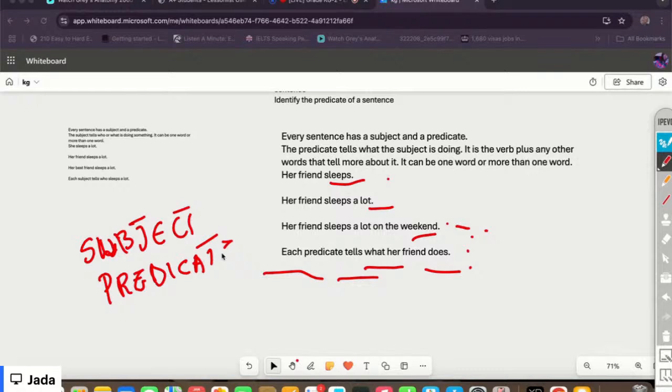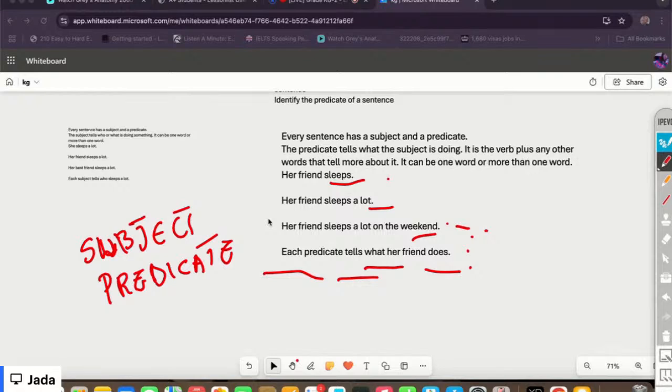Okay? So we can think of some more examples, but I want you all on the chat box to give me some more examples. If you have some more examples, tell me, make some examples that have the subject and the predicate. Okay, so I'll be waiting here. Give me some more examples.